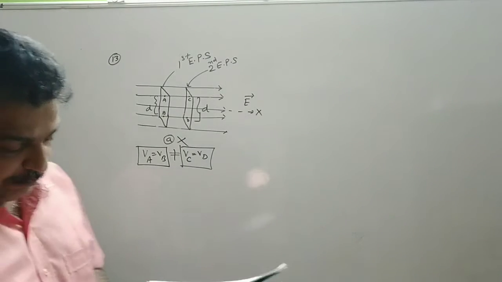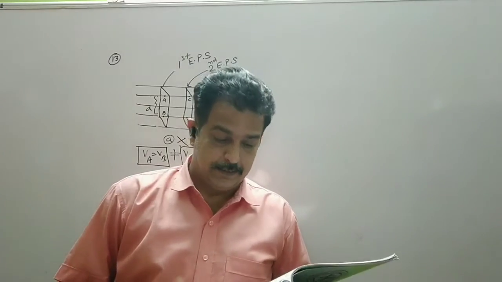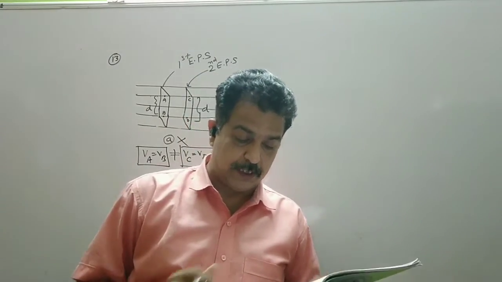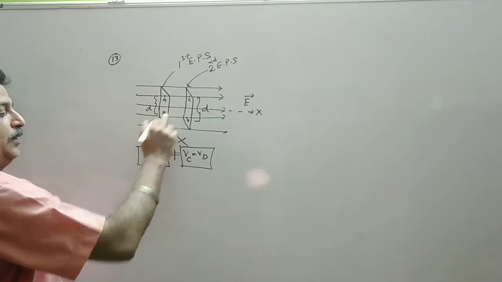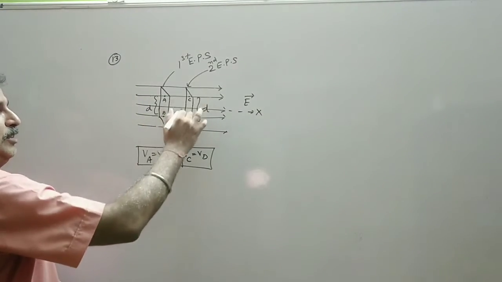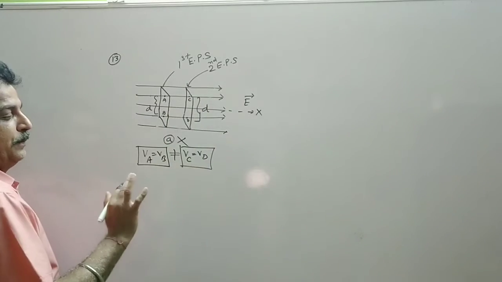So here it is given that a pair of points separated by the same distance must have the same potential difference. What is the potential difference between A and B? That is 0. The potential difference between C and D, that is 0.